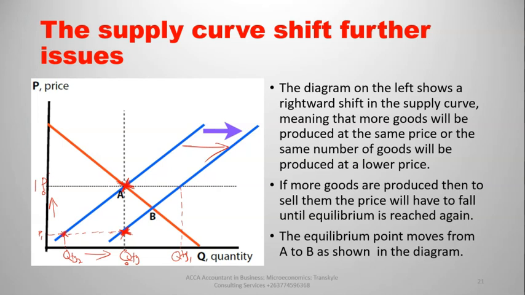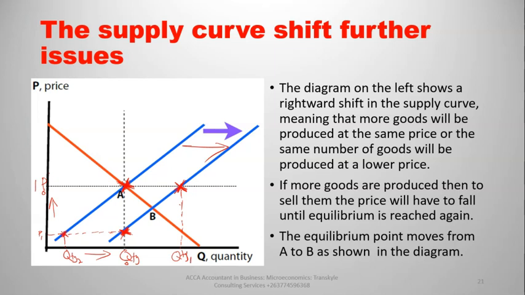But because the factors have come into play, it means that at that same price, we are going to supply more, which means that the new equilibrium becomes here. In terms of the new quantities that are going to be supplied, it should be at this level, which means this will lead us to Q1 as indicated there.